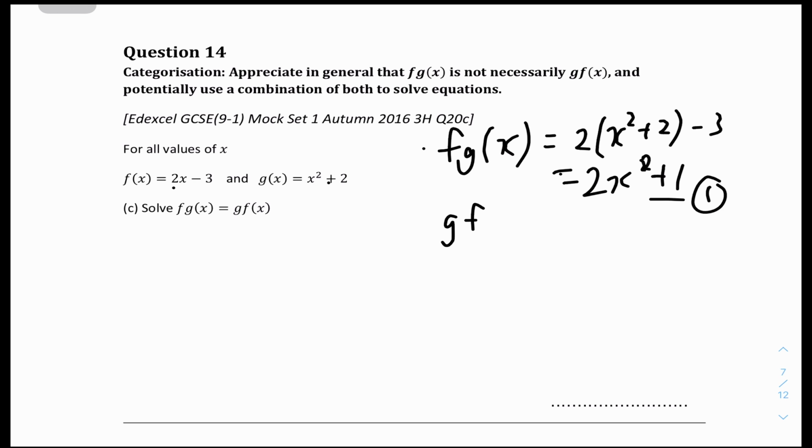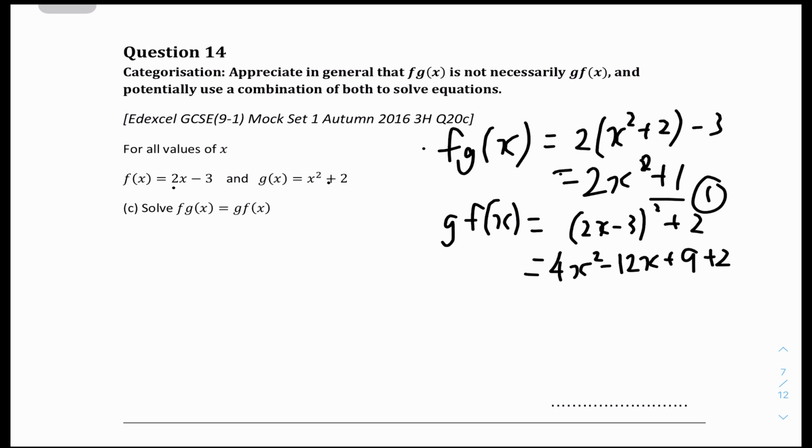And now g of f of x, you put f of x into g of x. So for f of x, it will be (2x minus 3) squared plus 2. Expand the bracket to get 4x squared minus 12x plus 9 plus 2, which is 4x squared minus 12x plus 11 from just now.